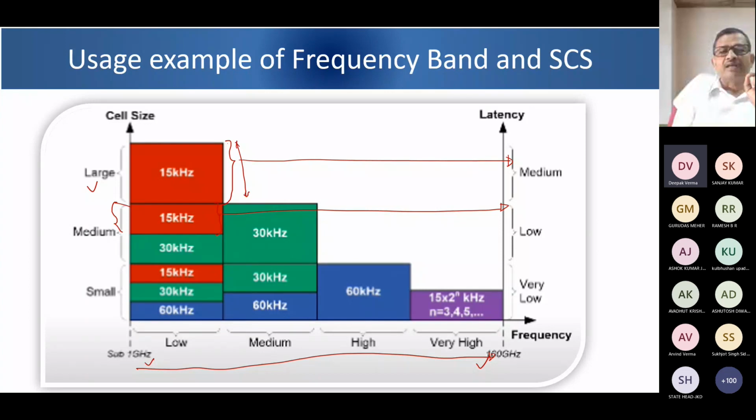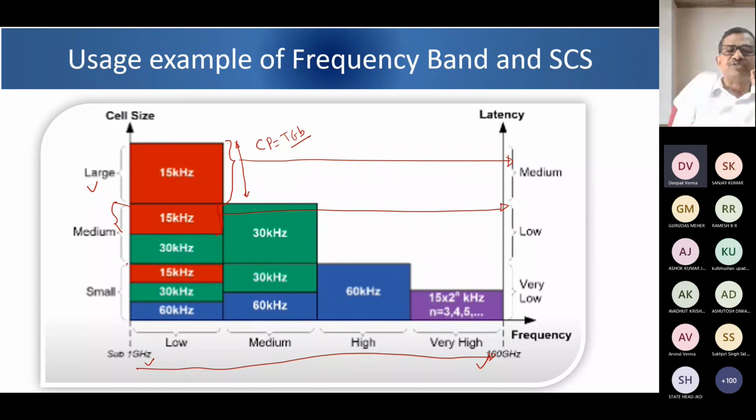That means the cyclic prefix, or you can say time guard band, is defined in such a way that inter-symbol interference is avoided. But if I use it for lower coverage or medium cell size, I am wasting resources in terms of time, because I have provisioned a larger time but I'm not utilizing it since my coverage is less. So it is not wise to use lesser coverage with 15 kilohertz and the lower side of the bandwidth.